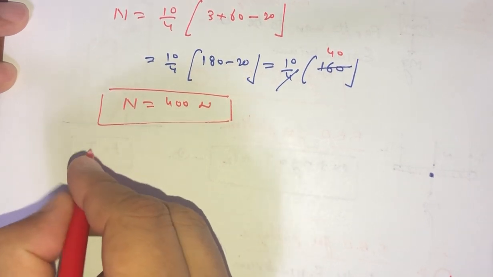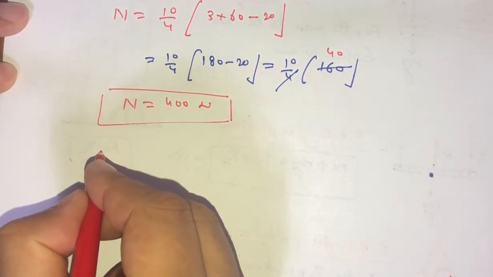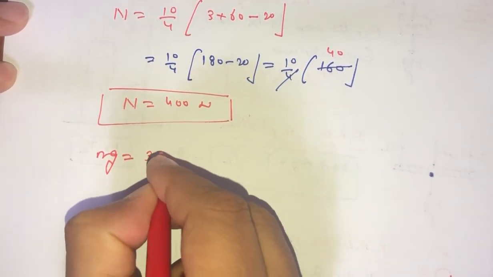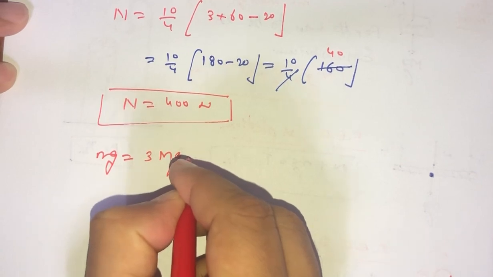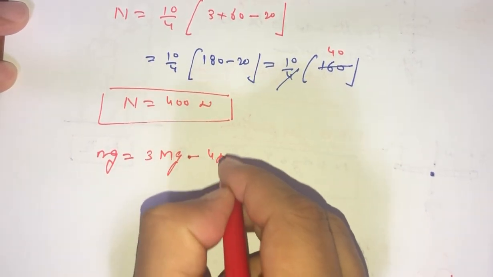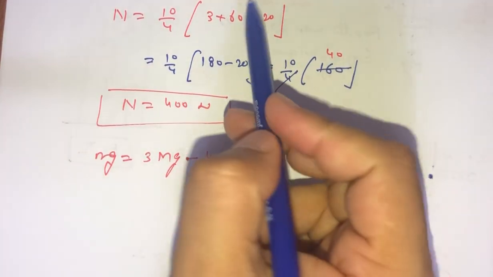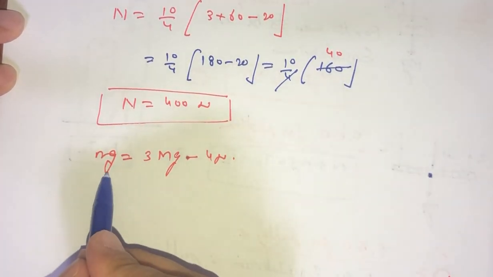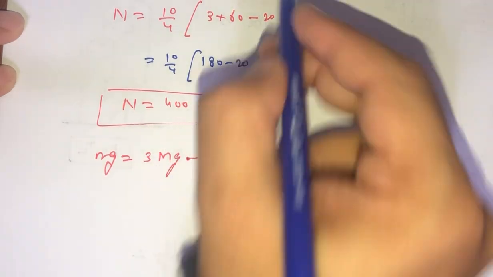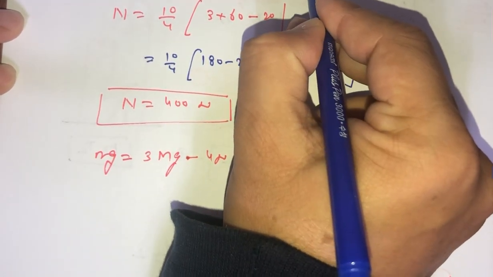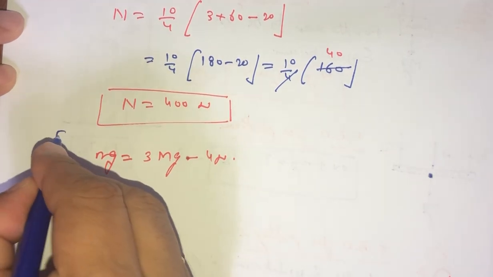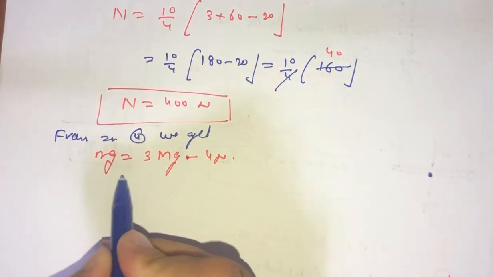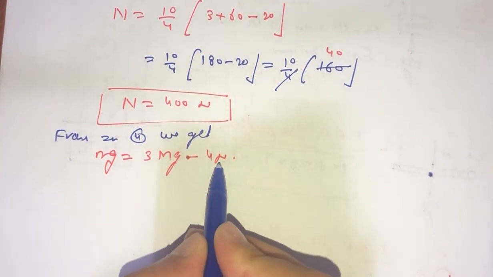We have written that mg is equal to 3mg minus 4N. Let me call this equation number 4. From equation 4 we get mg is equal to 3mg minus 4N.